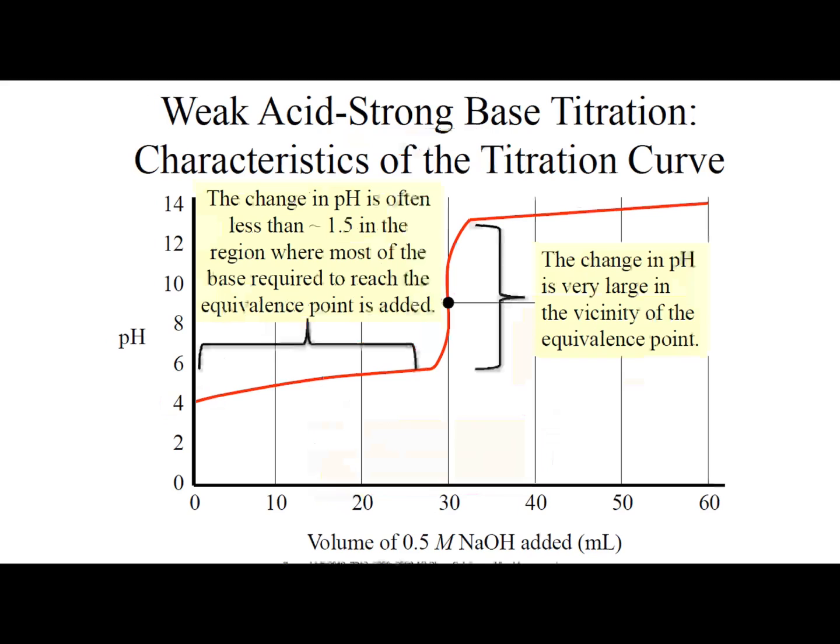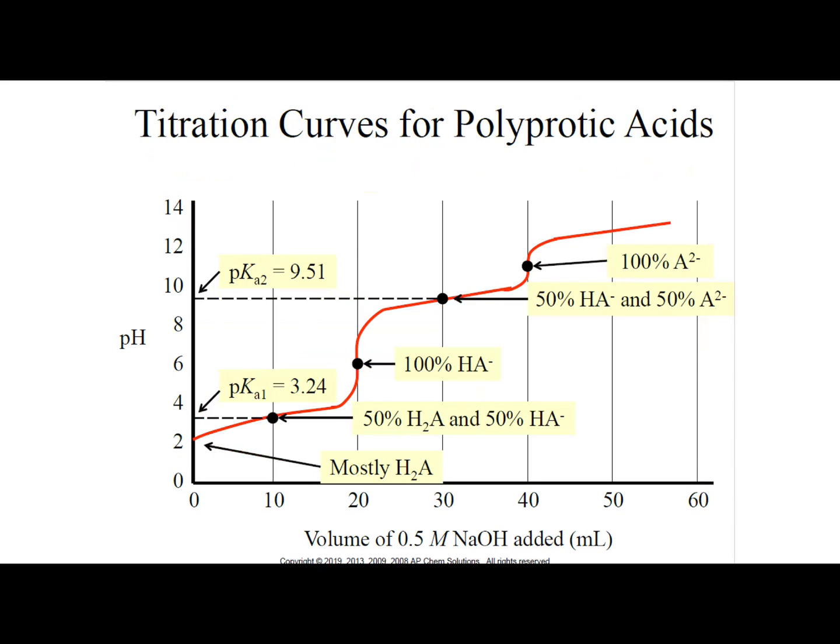We can also see that the change in pH is very small over the region where most of the base is required to reach the equivalence point. And then we can see that the pH changes very rapidly as we approach the equivalence point.